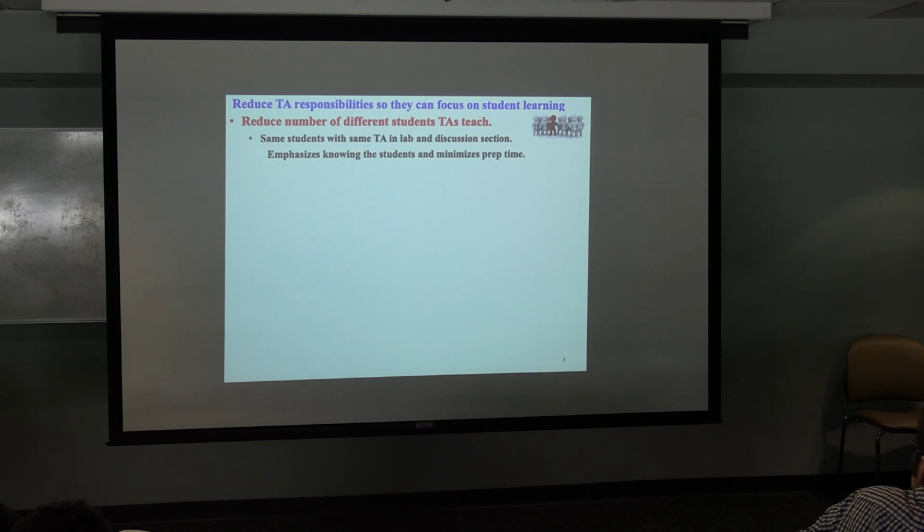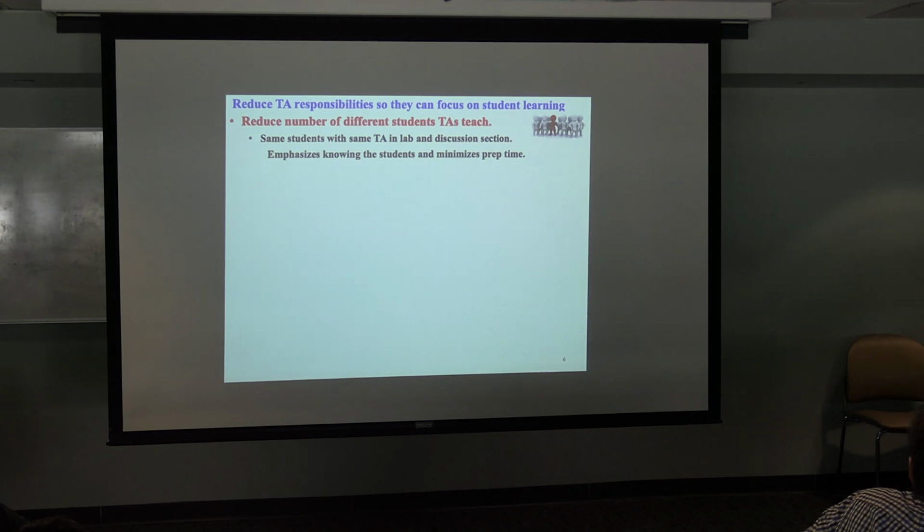We arranged things to reduce the number of students the TAs would teach. Not the number of students that we had to teach, and not get more TAs. Those cost money, and we're not allowed to spend extra money to do this. But it's harder to teach a large number of students if you're supposed to attend to their learning, because you have to know who they are and how they're reacting to things.